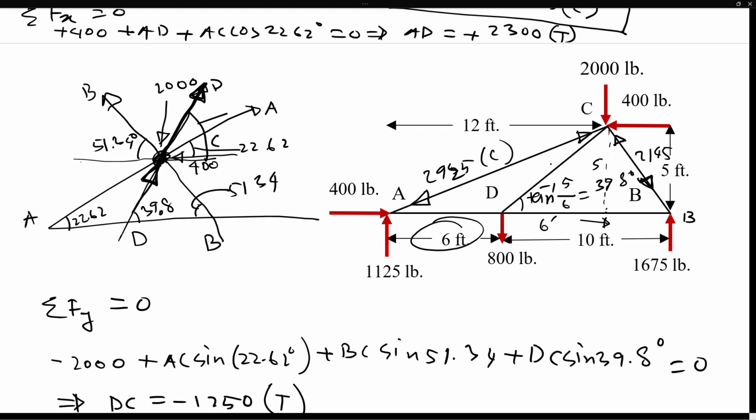Similarly, you show each of these forces. DC, for example, was in tension, so it's going to be in this direction here, basically pulling that point. It's going to be like this. And similarly, you can show AD, BD, and so on.